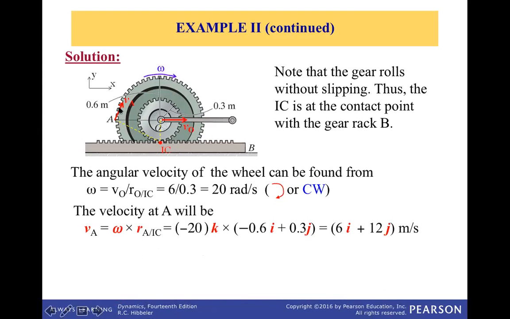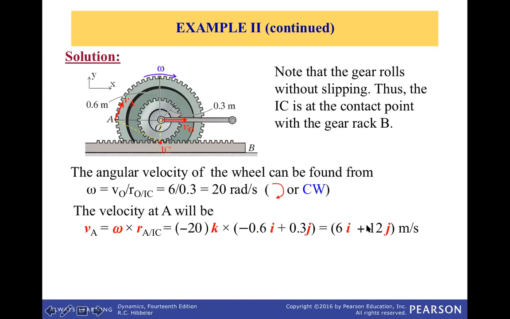So VA will be equal to omega cross R. In this case, it actually uses vectors, but you don't necessarily have to use vectors. You can just use the length of AC by looking at the geometry. It should be the square root of 0.3 squared plus 0.6 squared. But if you are doing vectors here, it also gives you the x and y components, which means the direction is also indicated by this expression.